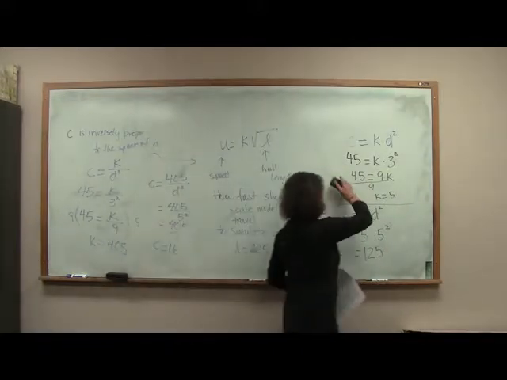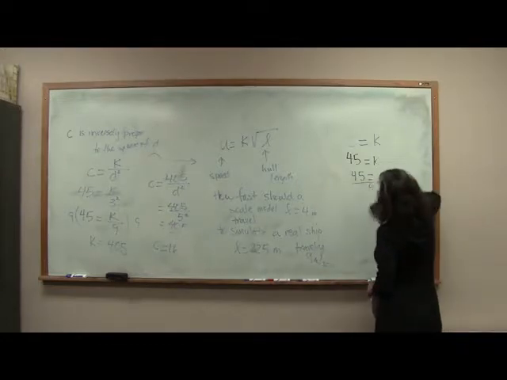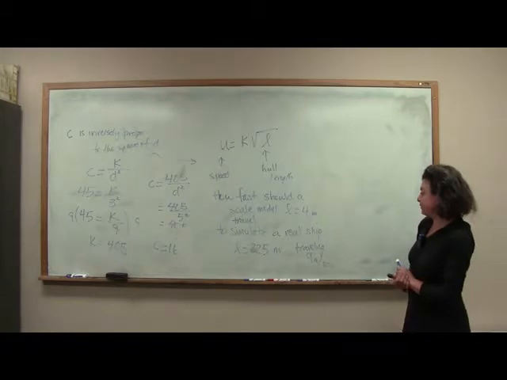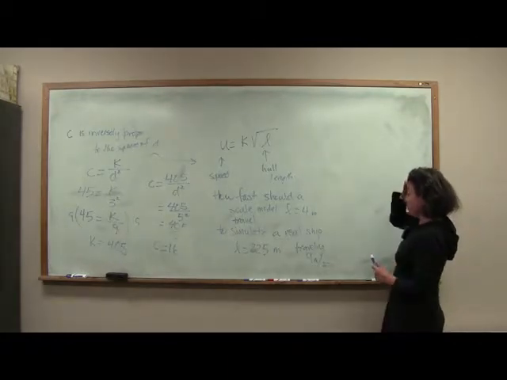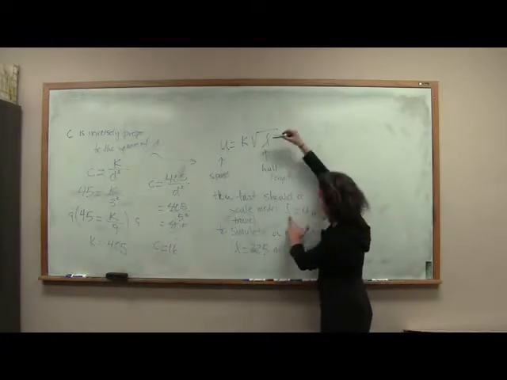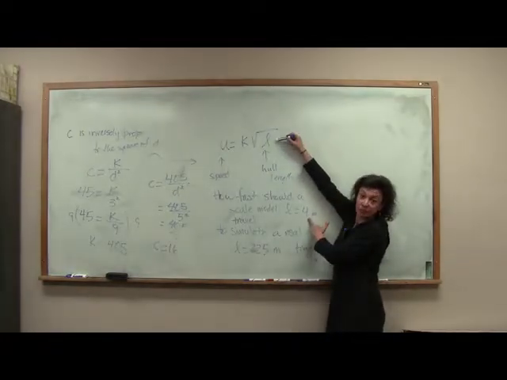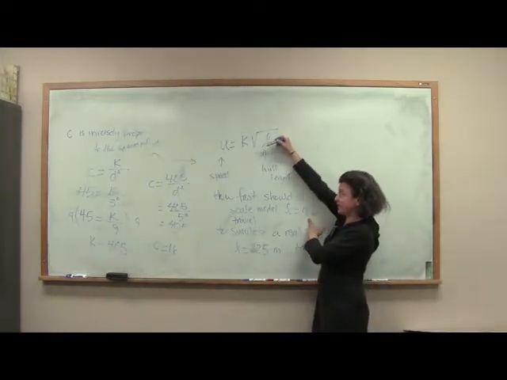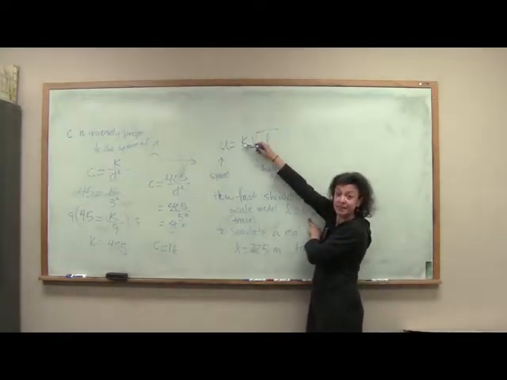Okay, so the whole point of that extra little blurb in the problem is that the same value for K holds. Okay, so what we're essentially wanting to find is we want to find the value of U when L is equal to 4. But in order to do that, yeah, we can take the square root of 4 to get 2, but we need to know what K is.